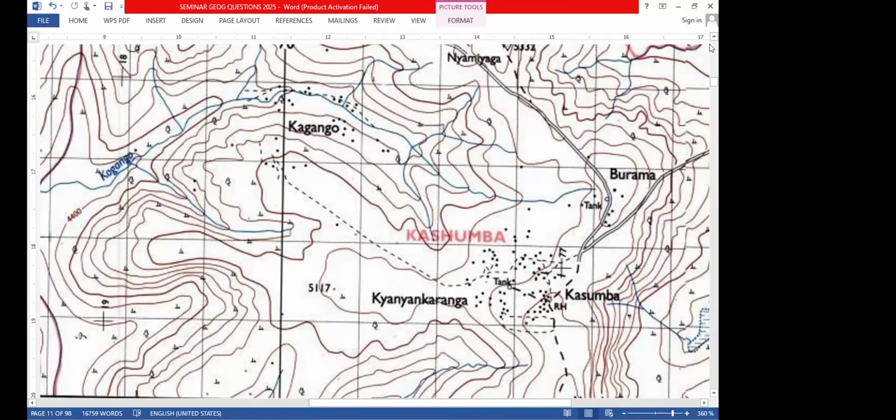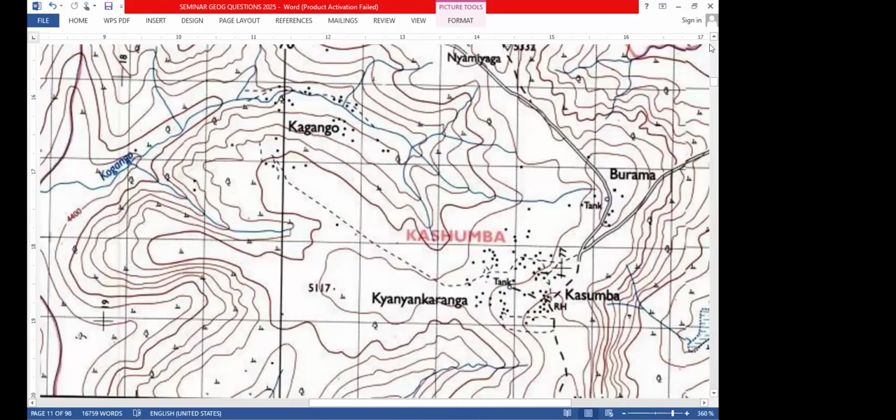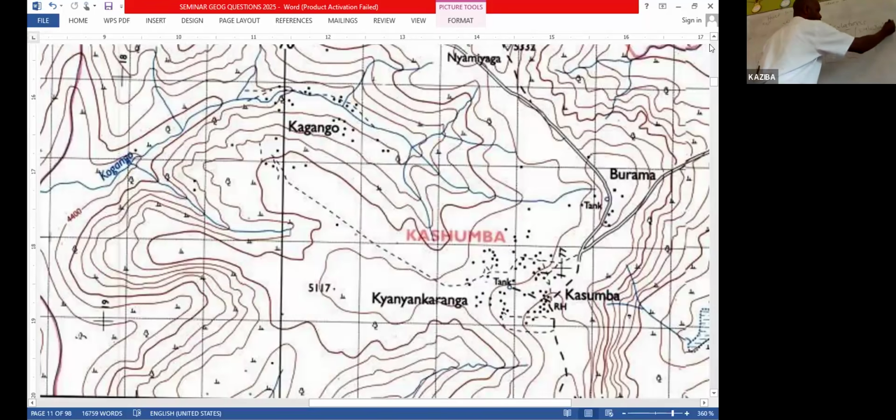So if they gave you a map like this, and this map has these lines like that, and maybe there is this lake, and they ask you to calculate the area in square kilometers covered by this lake.